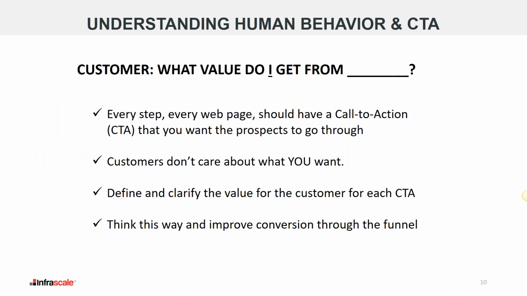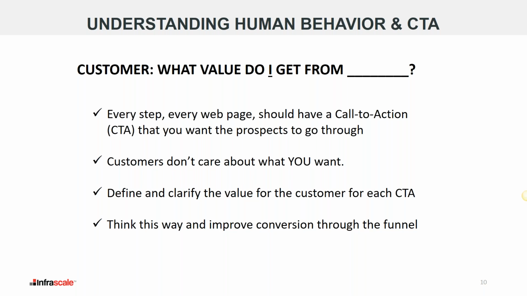One big thing to understand about any type of lead funnel and marketing campaign is that there are a lot of steps involved, right? And with each step, you have to be thinking from the customer's perspective of, why am I going to do what this company obviously wants me to do, right? The customer doesn't care what you want.